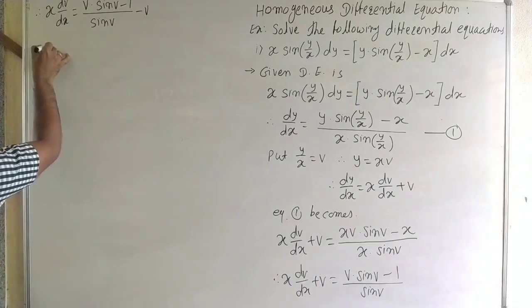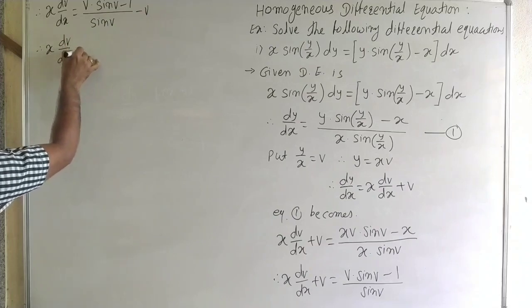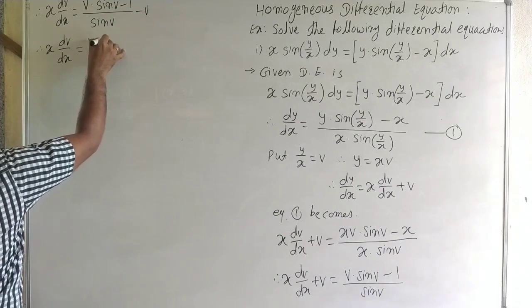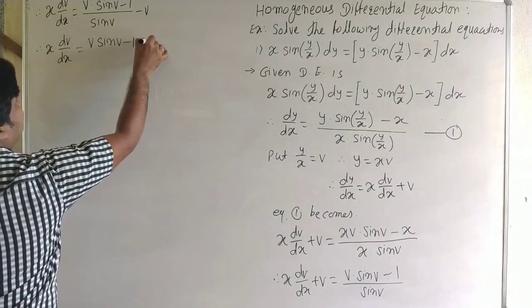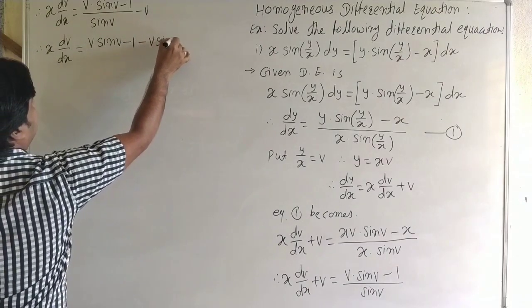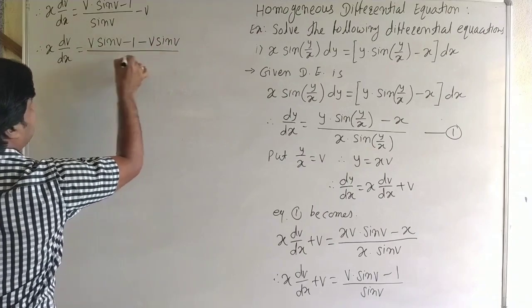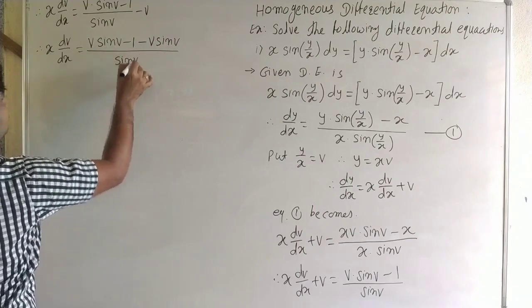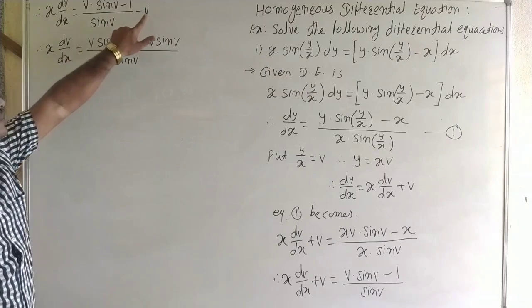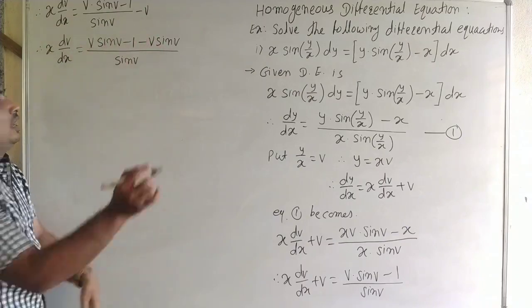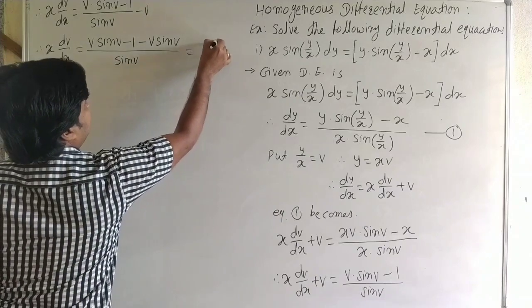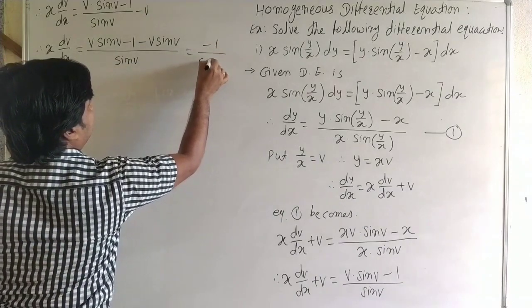Therefore x dv by dx is equal to v sin v minus 1 minus v sin v upon sin v. See carefully this. It is a multiplication of sin v into v, and here v sin v, and it is a minus v sin v, get cancelled. We get only minus 1 upon sin v.